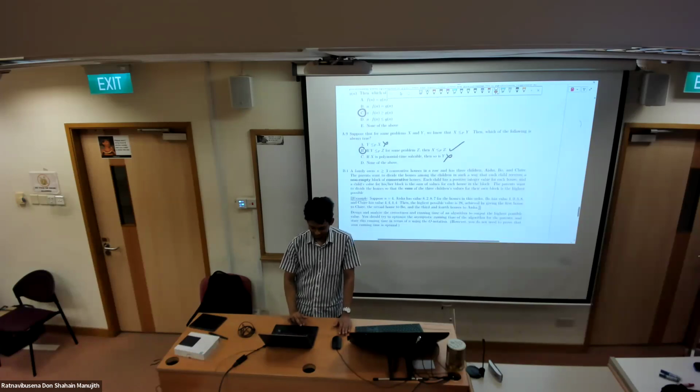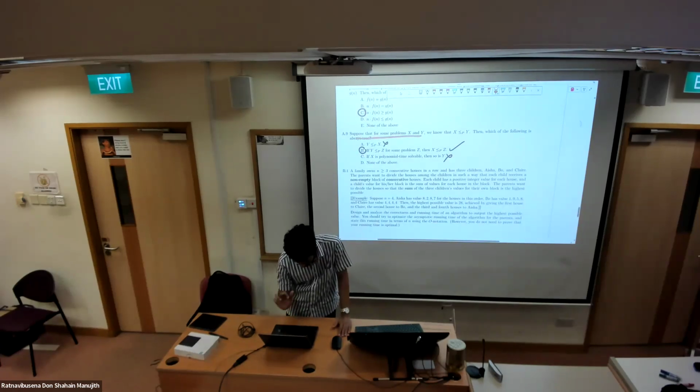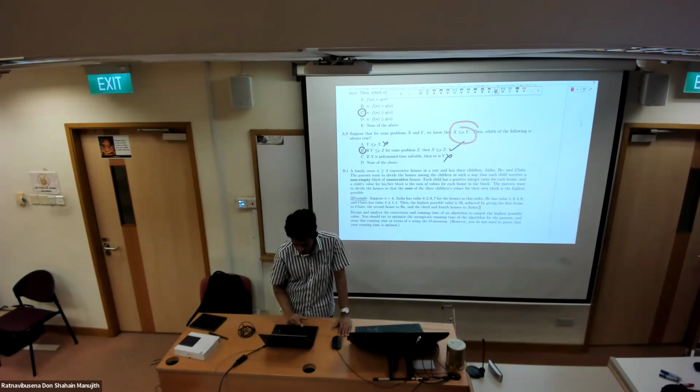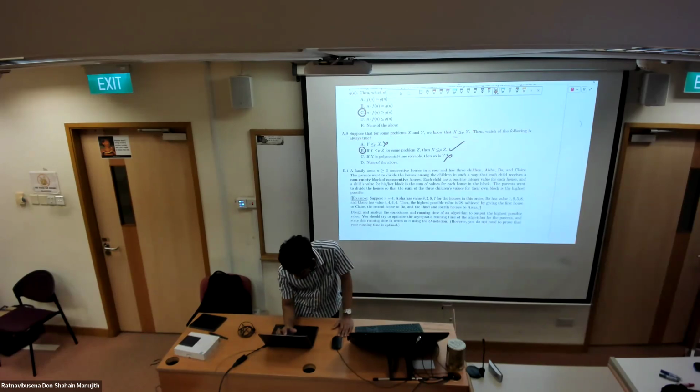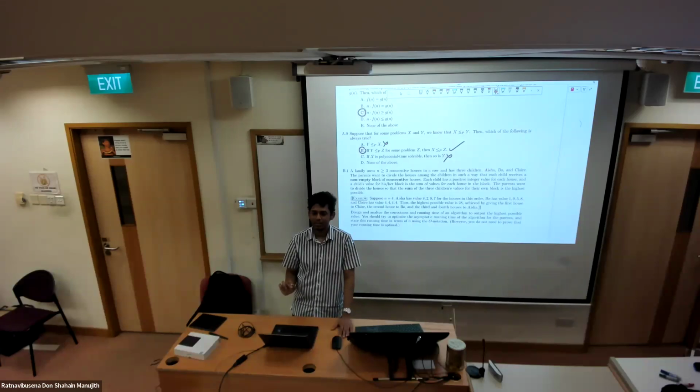I guess 3 marks. Next one: suppose that for some problems x and y, if x Karp reduces to y, then which of the following is true? If x Karp reduces to y, will y Karp reduce to x necessarily? If this happens, then surely there will be no conjecture about P versus NP.